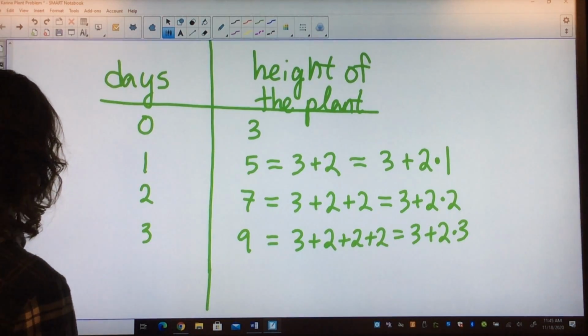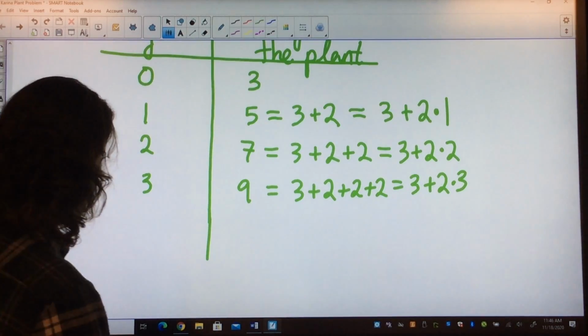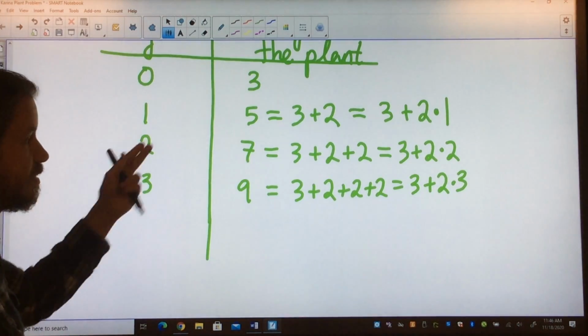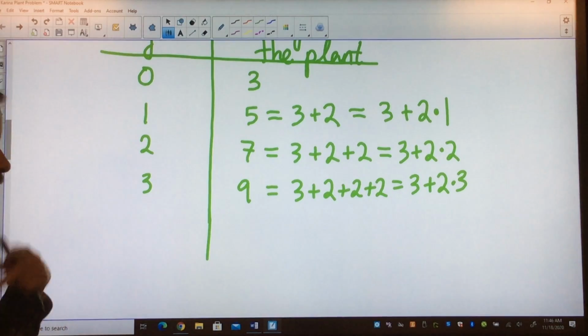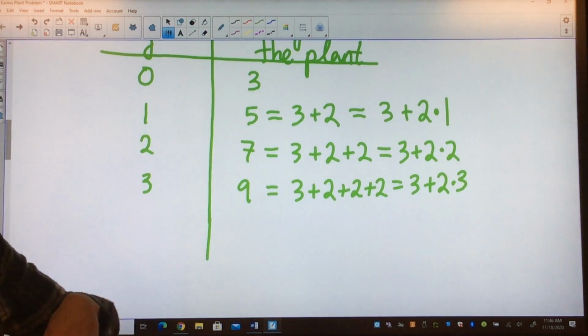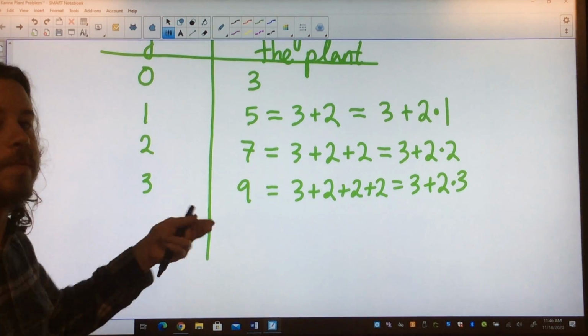So let's go and do that for the fourth day. Also, in the problem, a minor detail, it said that this plant was growing at a constant rate. What that means is it's gaining the same amount each day. So that's how I know it's not going to go up by 5 this time, or up just by 1 maybe. It's going to go up by the same amount each day.